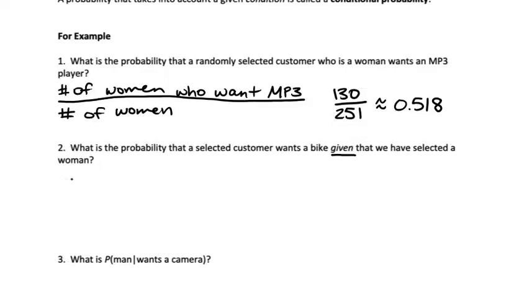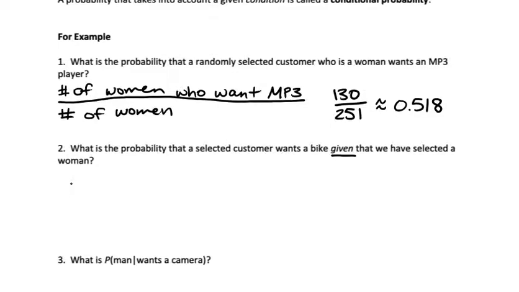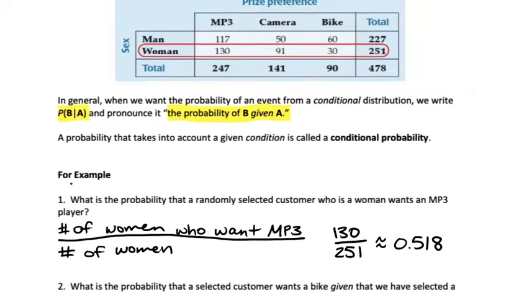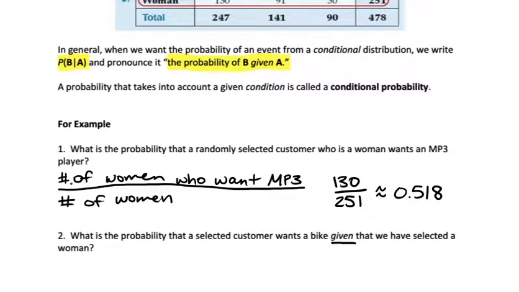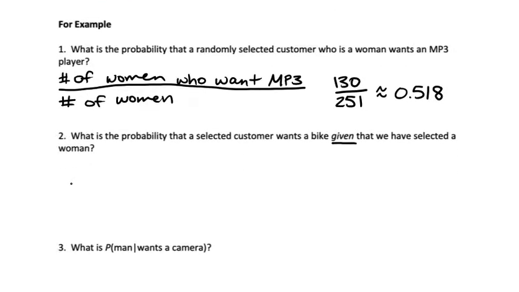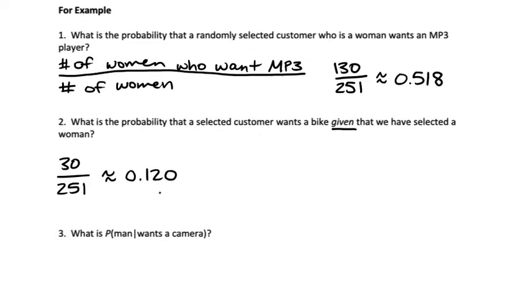So this would be the number of women who want a bike, which going to my table was 30, divided by the total number of women, which was 251. As a decimal, that's approximately 0.120. So if we know that the customer is a woman, there's a 12% chance that they will have wanted a bike.